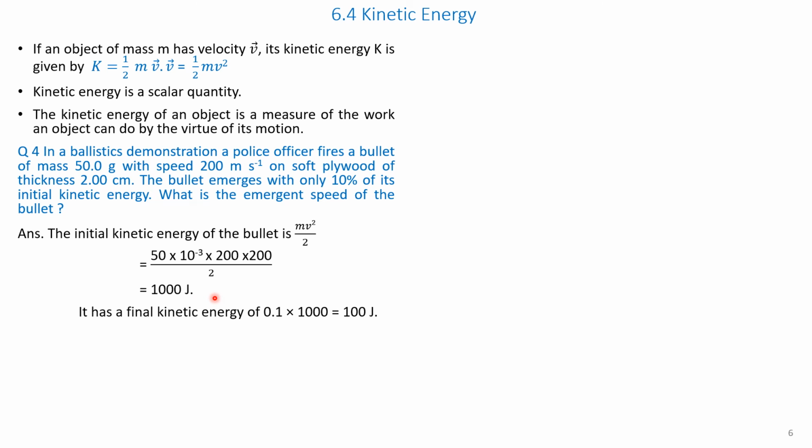As it is also given that it emerges out with 10% of initial kinetic energy, it has final kinetic energy equal to 0.1, that is 10% of 1000, which is 100 joules. Therefore, if vf is the emergent speed of the bullet, it is given by the relationship half m vf square is equal to 100 joules.